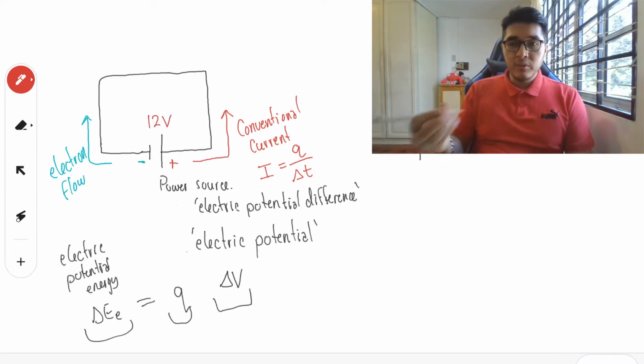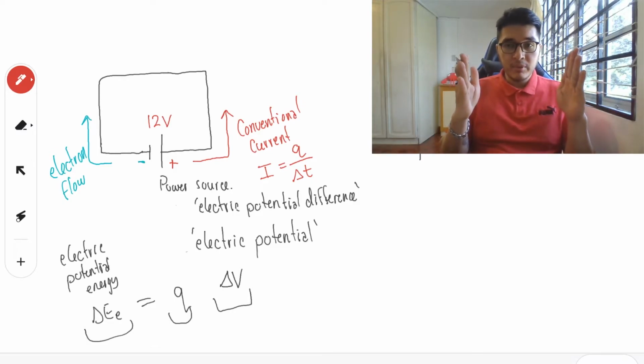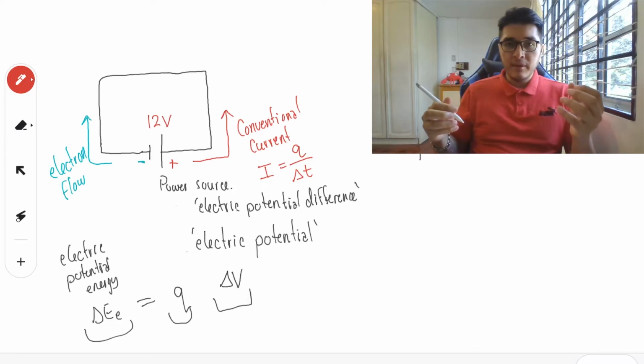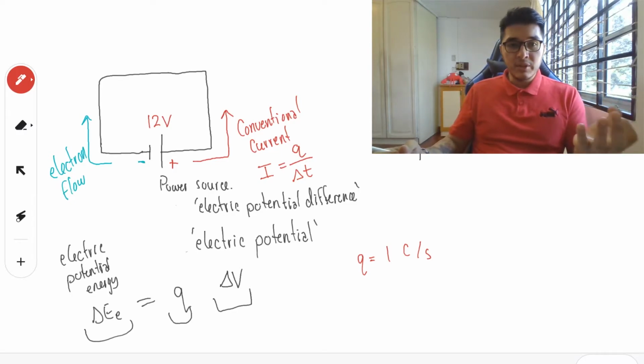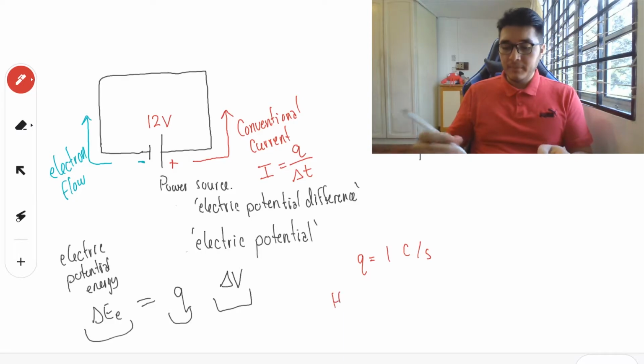So let's say we have a 12 volt battery, but that just tells you the potential difference. And let's say that we have a charge of, let's say the most basic charge is going to be 1 coulomb. So how much energy does this charge have when it moves through the battery?